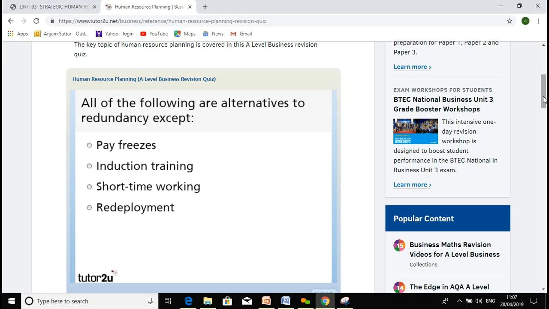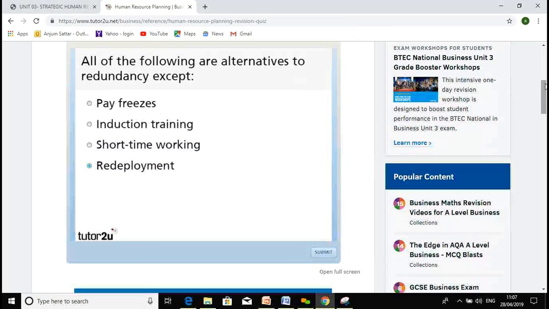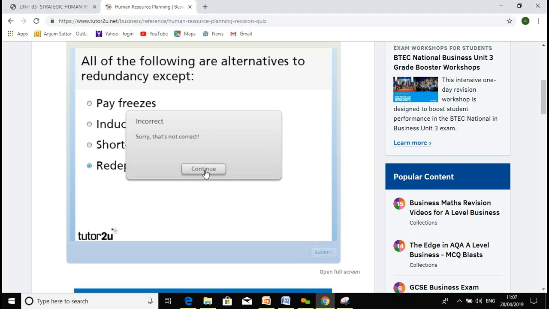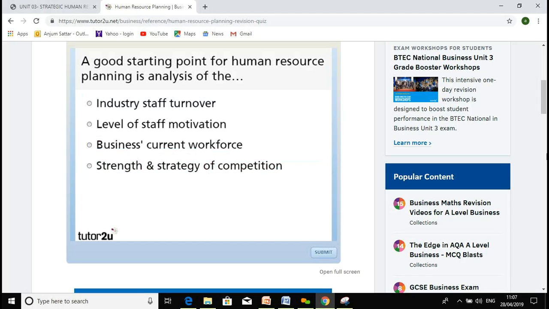Which of the following are alternatives to redundancy except... Redeployment. Okay, no problem. We'll go through it. A good starting point: human resource planning is an analysis of what?